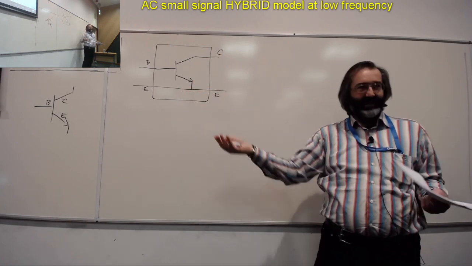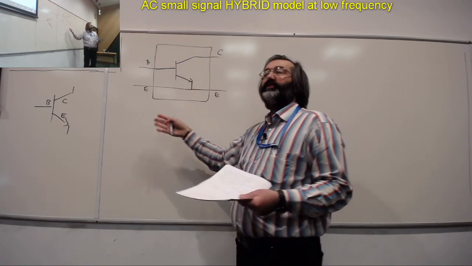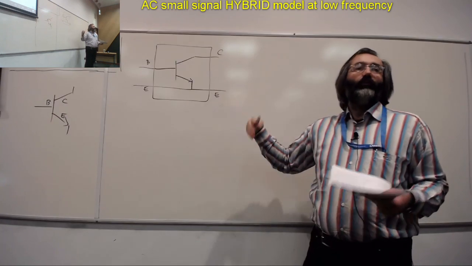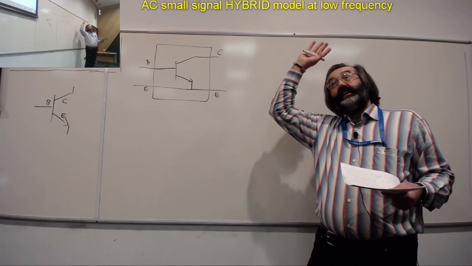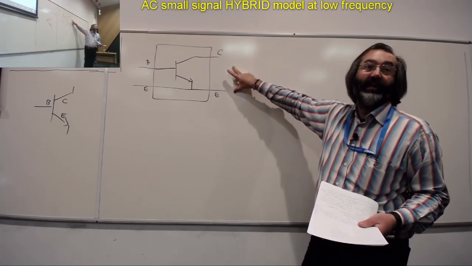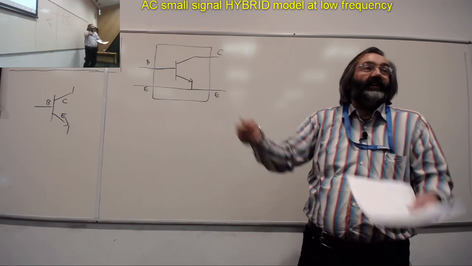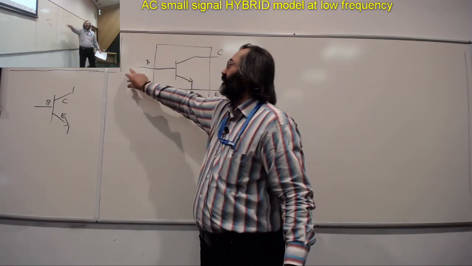So I can see my BJT as a 2-port circuit, input port, output port. We've defined, I think in lecture 1, what is a port. A port is 2 terminals of an electronic circuit where you can attach something, a generator, something, okay? Port, output port, for example, input port.